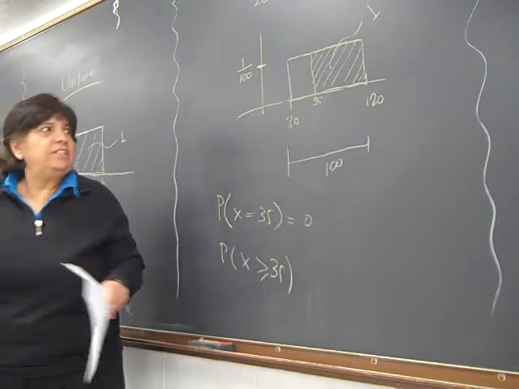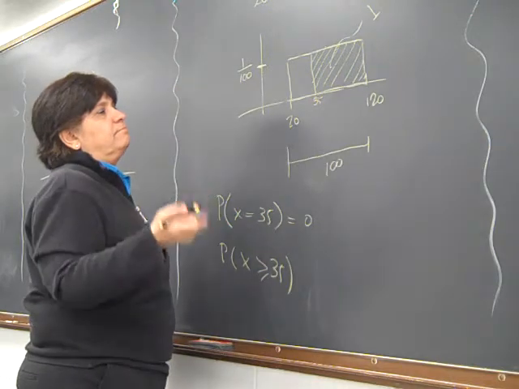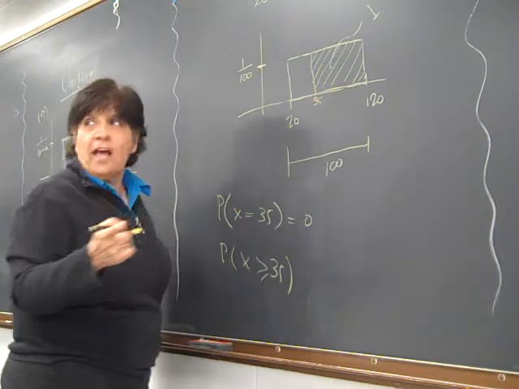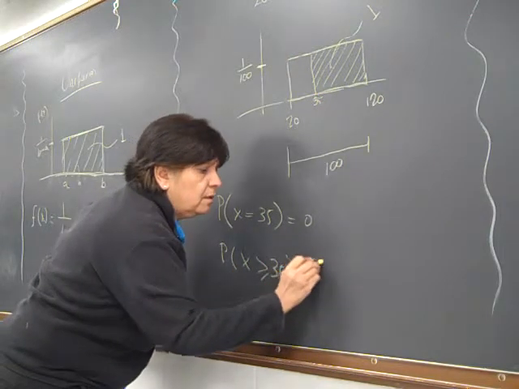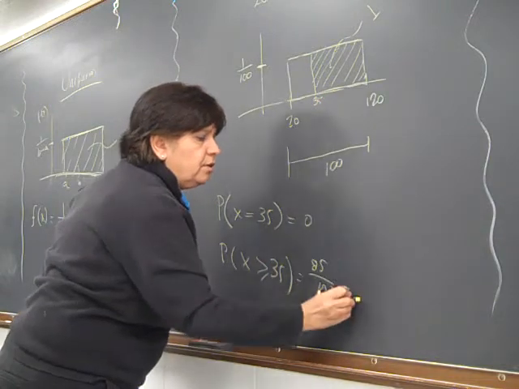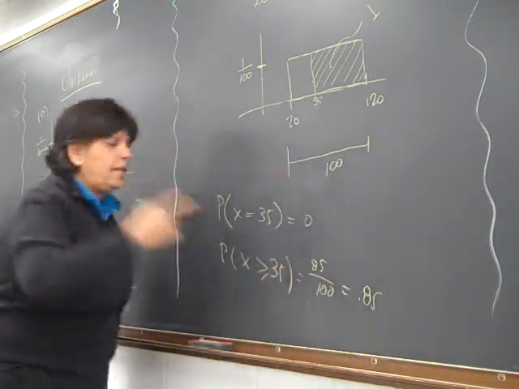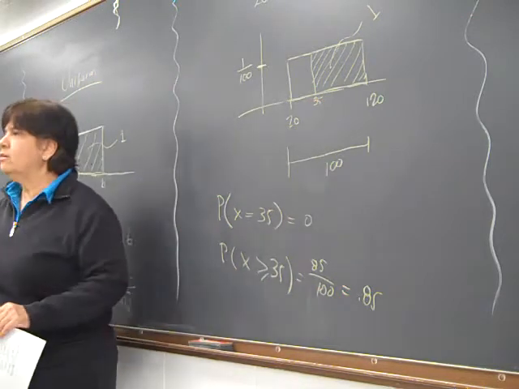It is 85, divided by 100. So it's 0.85. The probability that your bill is more than $35 is 0.85.